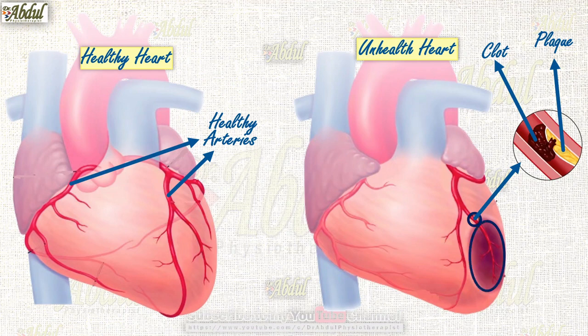Imagine the artery supplying this part of the heart is badly affected. The muscle tissue of this part of the heart will die or will be permanently damaged if the blood supply is not restored here. That's how the heart attack occurs, and if it is not restored, the permanent damage of the heart tissue will lead to heart failure in future.